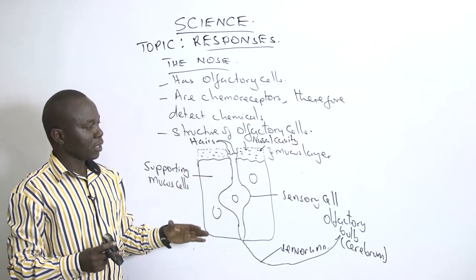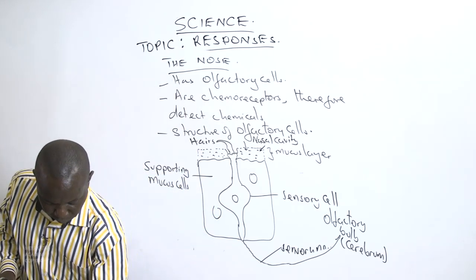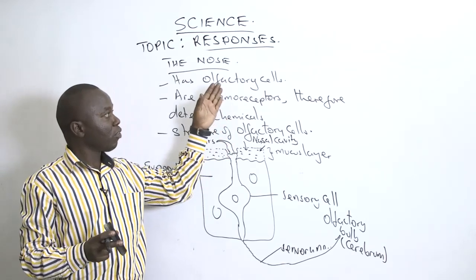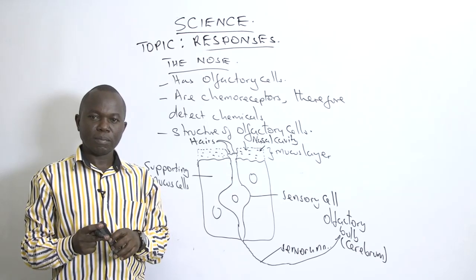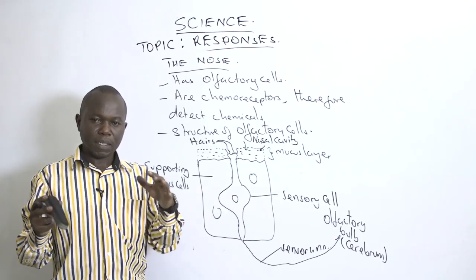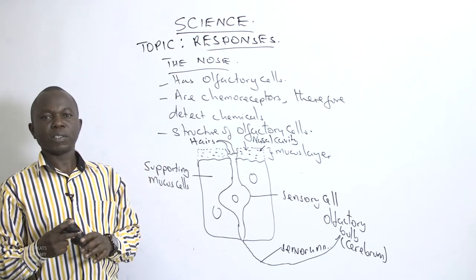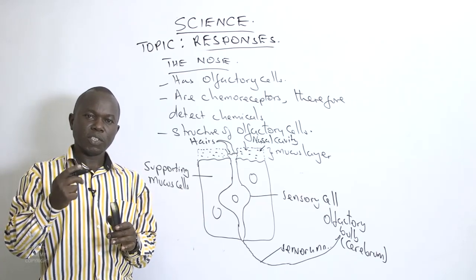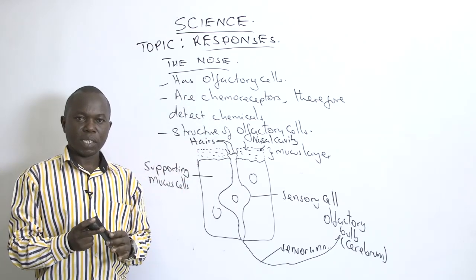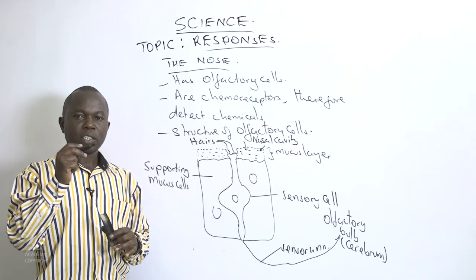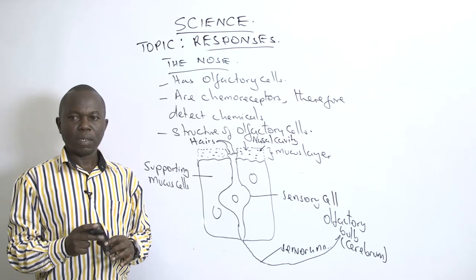And it's very important that smell happens. We want to find out the role of smelling. But you realize that the olfactory system is very adaptive. You can get into a smoky room, not too much, but moderate. The first time you get into the room, you realize that it is too strong. But as you continue sitting in the room, the olfactory cells become adapted to that condition, and the strong smell that was there initially fades with time.